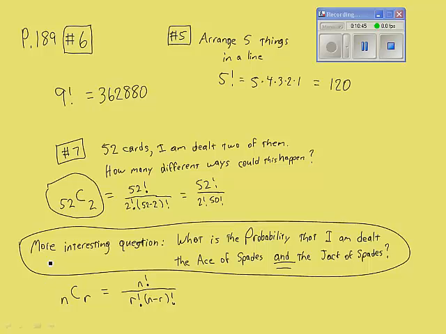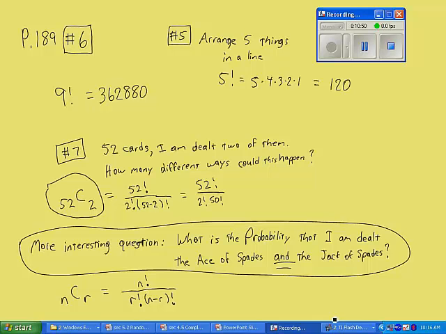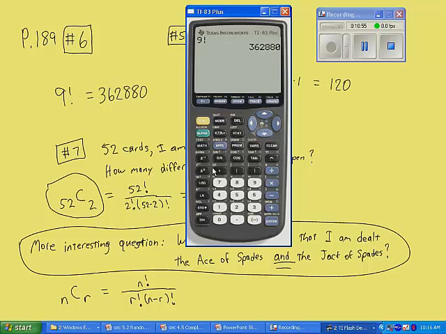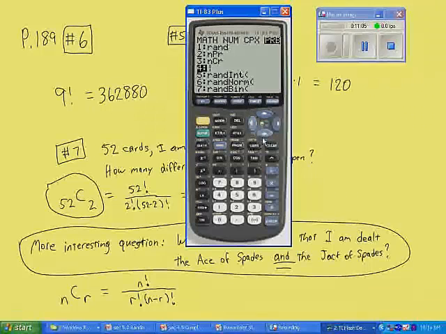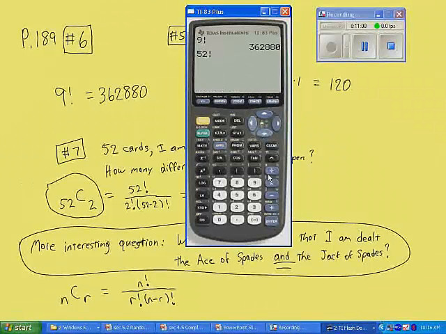What the heck does this equal? Well, I guess now that we know how to do factorials, we can compute it. 52 factorial divided by, and I'm going to put an open parenthesis here because I need to divide by both of these things, 2 factorial.